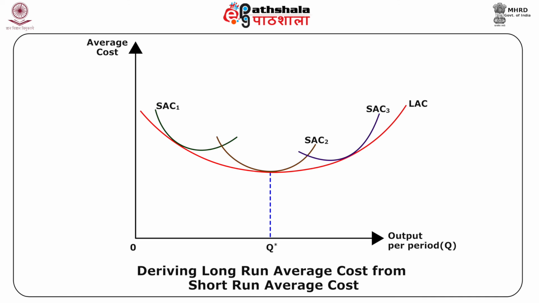Hence, beyond Q11, the firm will shift to SAC2. Similarly, SAC2 would be most profitable till Q22 and after that SAC3 will be more efficient as it will give lower unit cost of production.